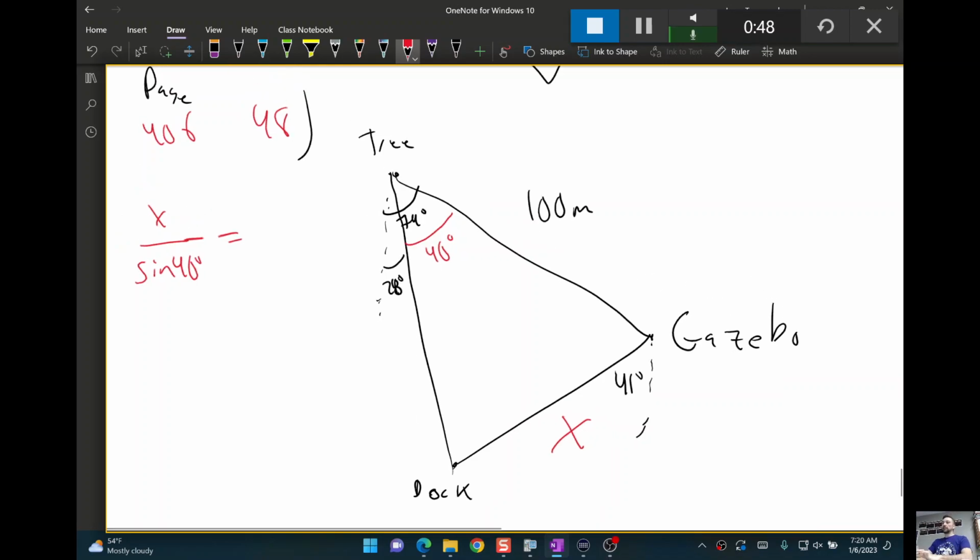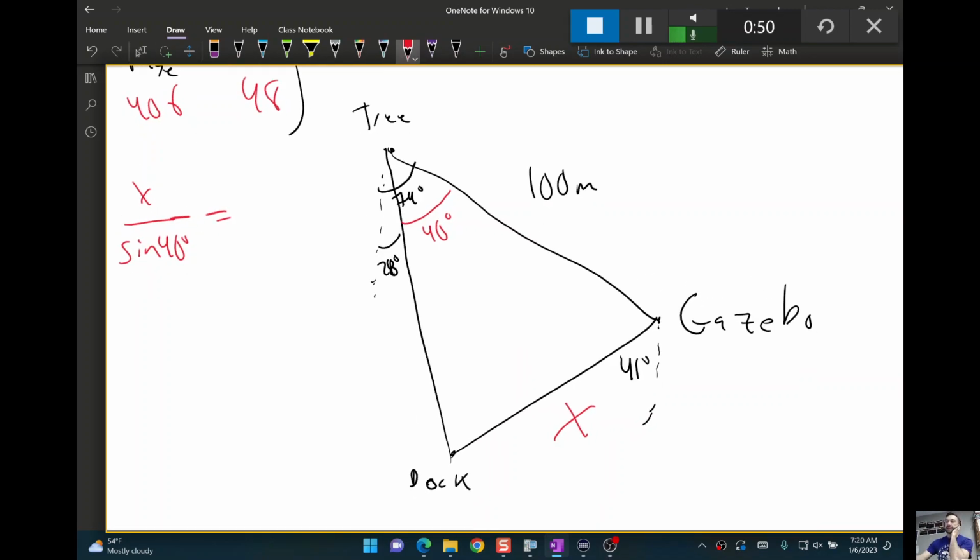Then for law of sines, we need to pair that up with another side length that we know. So probably the 100, and it has to be put over the sine of its opposite angle. So if I can figure out this angle down here at the dock, then I can solve and get the answer that they're wanting.